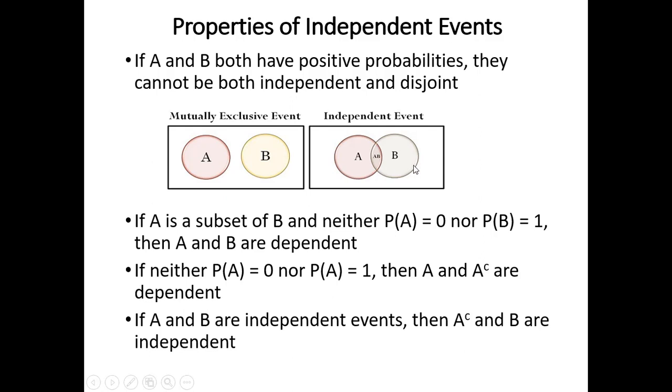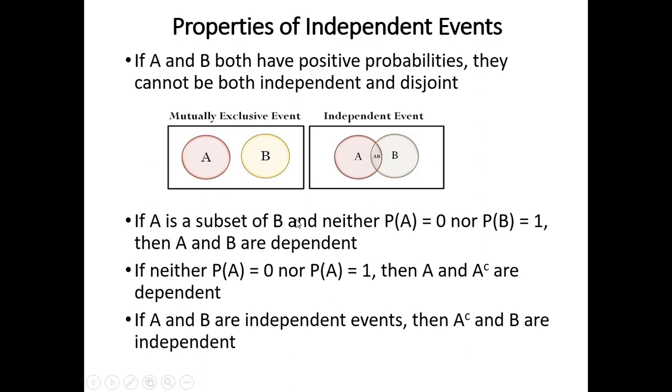These 2 events would overlap, and we'd be interested in the probability of A intersect B. Disjoint events, however, would look something like this. Their intersection would be 0. So again, you cannot have both independent and disjoint events.